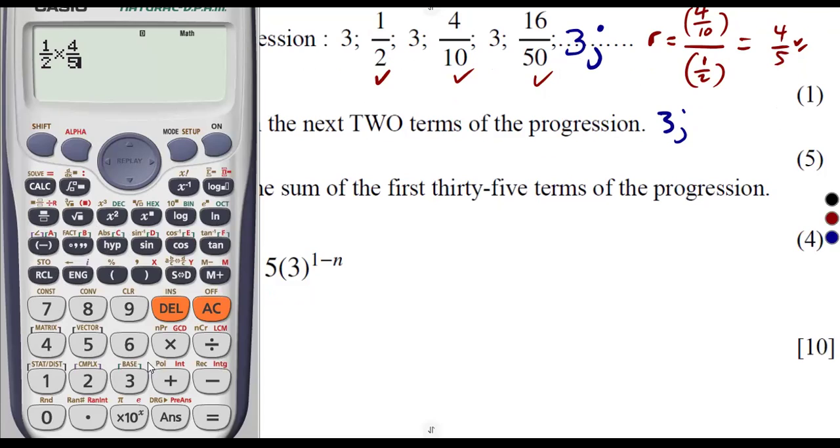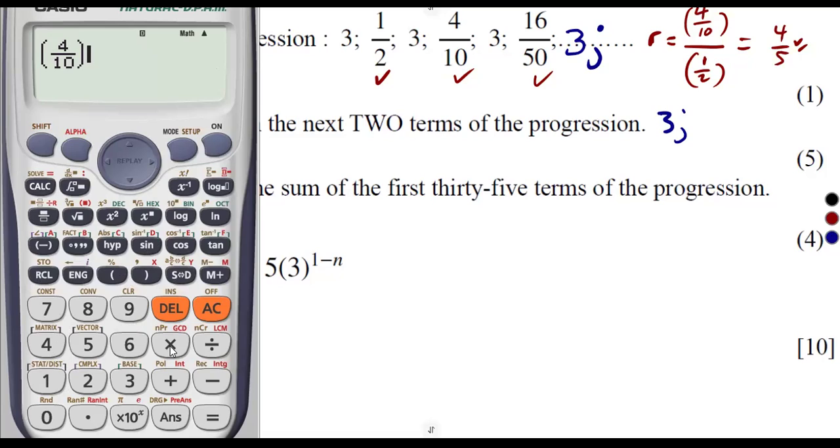Multiplying 1 over 2 by 4 over 5 is going to give us 2 over 5. But guys, this is what we had before: 4 over 10. I want you to see what is happening here.